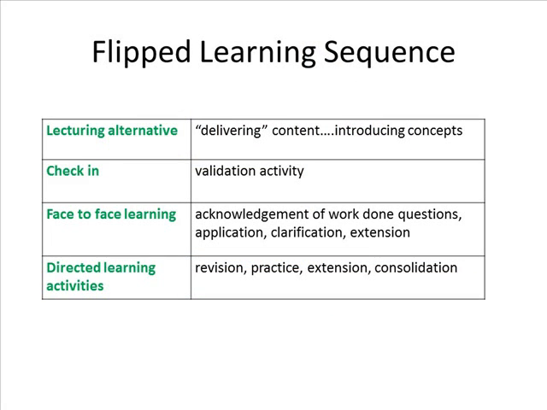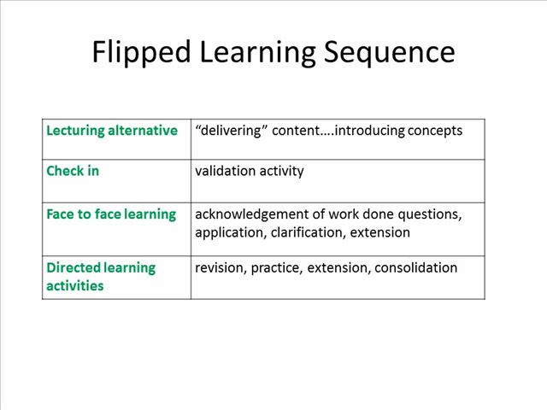So again, just focusing on the out-of-practice program, we really do have what we call a flipped learning sequence, and that is that we're trying to find an alternative to lecturing in terms of being able to deliver content and introduce new concepts. We've then got a notion that we need to check in, a validation activity as such, before they move on to the face-to-face learning, where we acknowledge that work that's been done prior to.